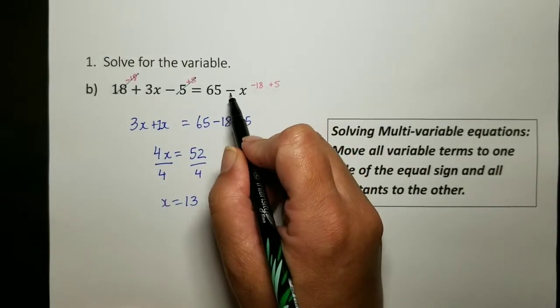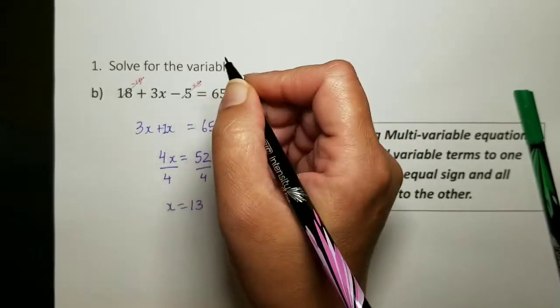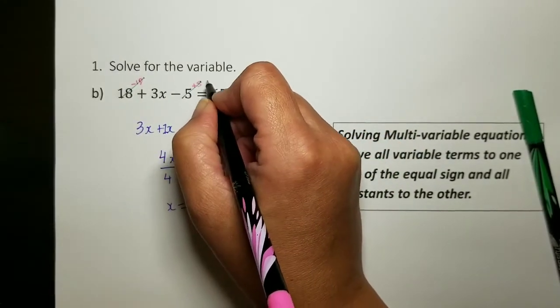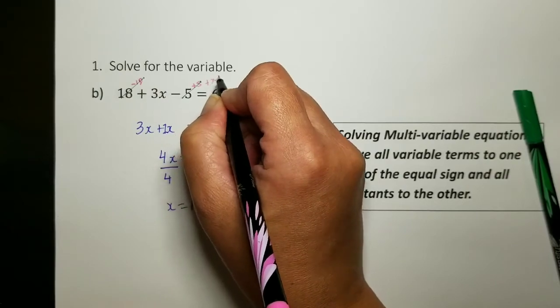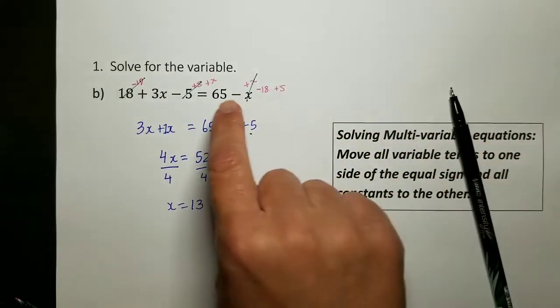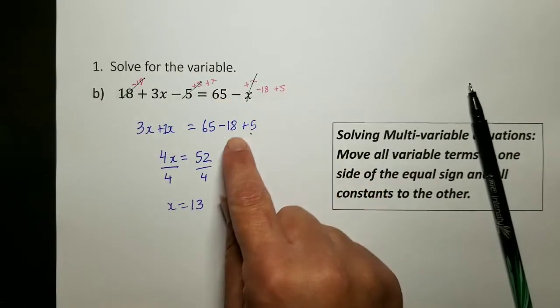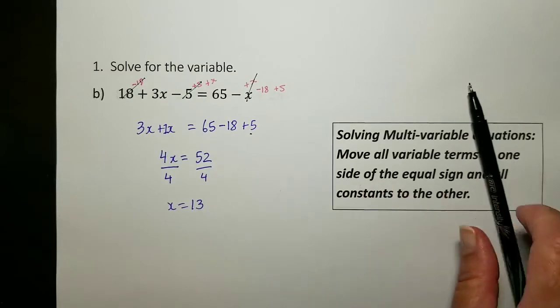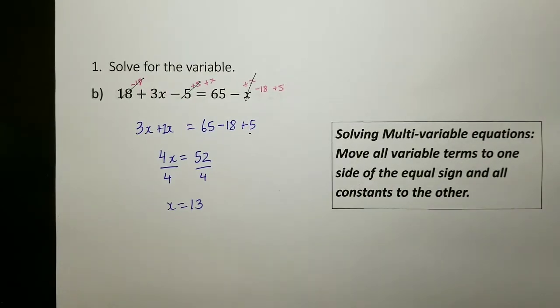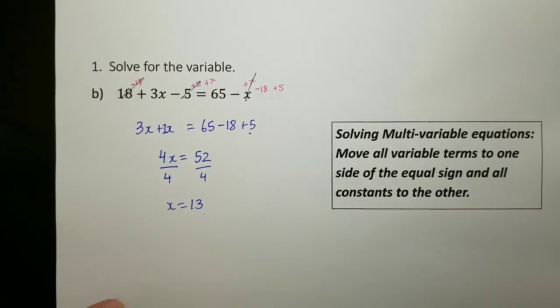I don't want a minus x here, so I'm going to put a plus x, and I'm running out of space. This is why I don't do this. And a plus x, and these ones reduce, and that's why I only have 3x plus x over here and 65 minus 18 plus 5 over here. So that's where this comes from, but you don't have to show this work if you're comfortable moving right to this step.